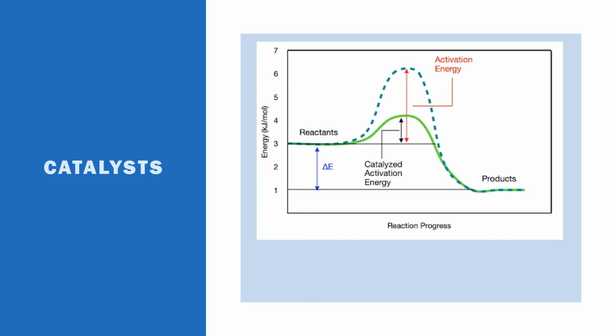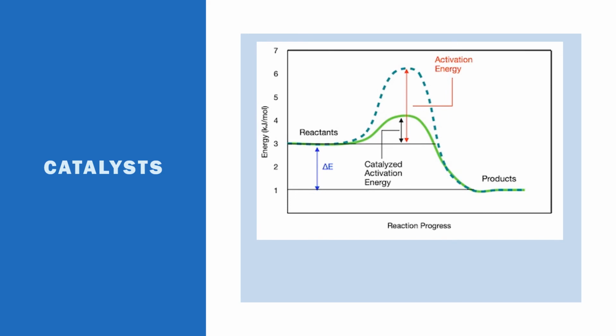Okay, so then the other thing that's really common with energy profile diagrams is that they'll ask you to plot two curves, one with the original reaction and then one with a catalyzed reaction. Now, a catalyst will speed up a reaction by lowering the activation energy. Catalysts do not change the level of energy of the reactants or the level of energy of the products.